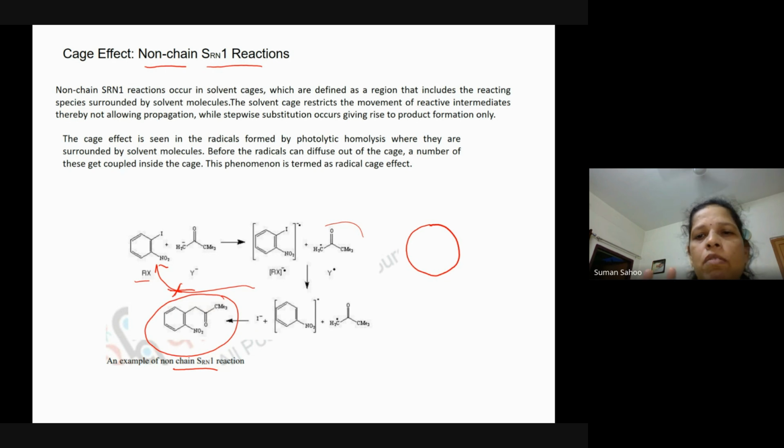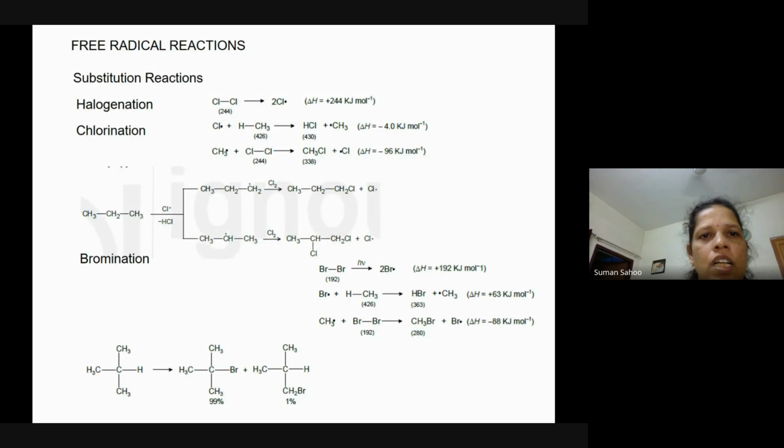So we have different types of free radical reactions. Substitution reactions, when one group is substituted. So first substitution reaction is your halogenation, where we will have chlorination, bromination, iodination, and fluorination. For chlorination, if you see, chlorination is highly exothermic. So here you get a number of products.